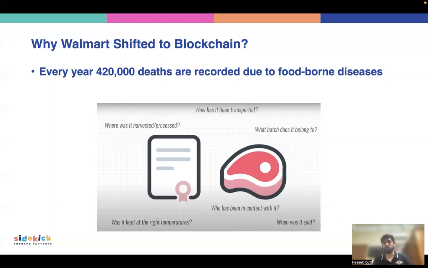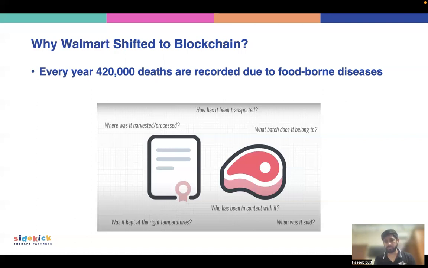So these are some of the questions that people should be aware of before using any product or before eating anything. So using blockchain, this can be tracked easily. Whenever fish comes out from the farm, it will be recorded on the blockchain. And whenever it moves forward, on every step, people will be able to look at the food they are going to eat.